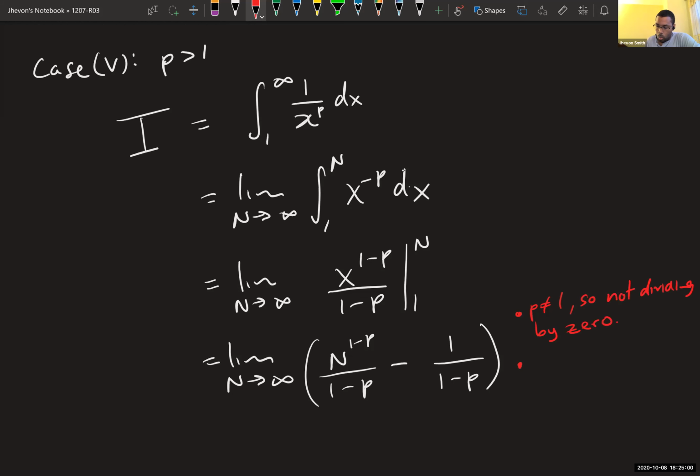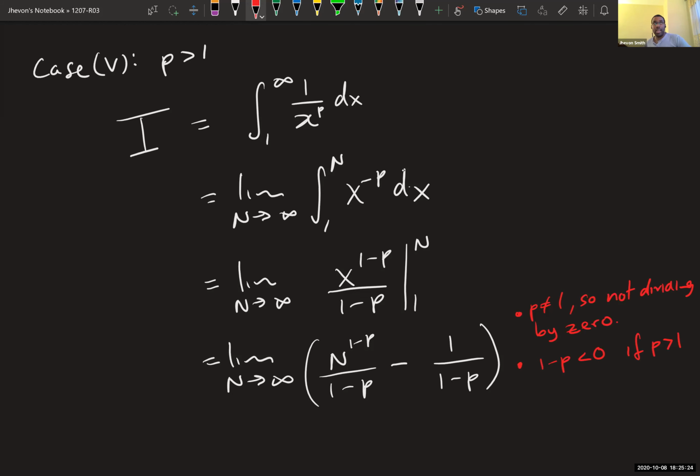Furthermore, 1 minus p is negative if our p is greater than 1. Right? Because I'm taking 1 minus a number that's bigger than 1. I'm going to get a negative number, which means here I have n to a negative power. So here my n is going off to infinity, and I have a negative power on that.